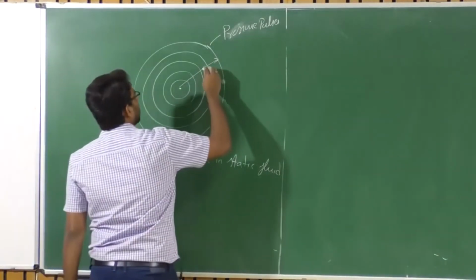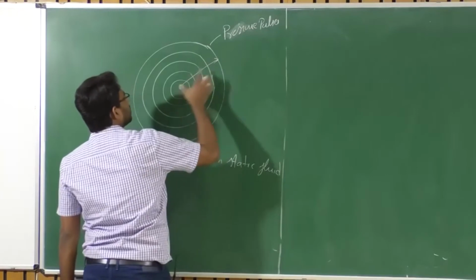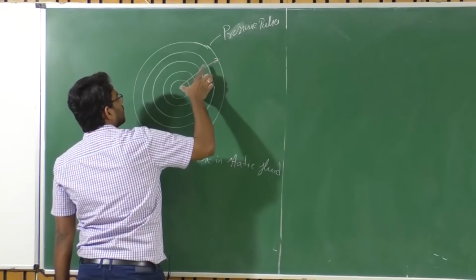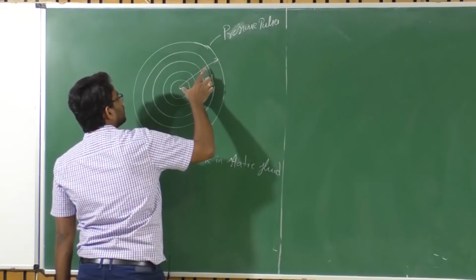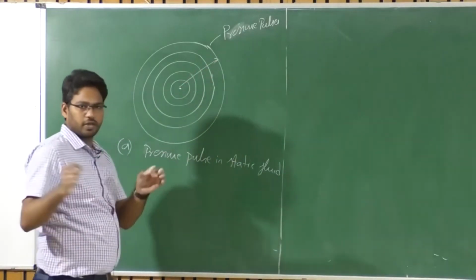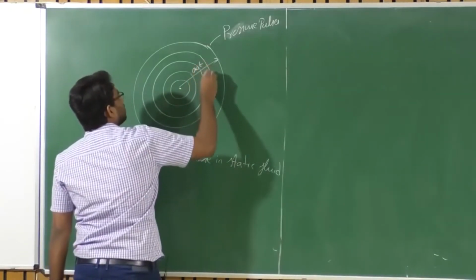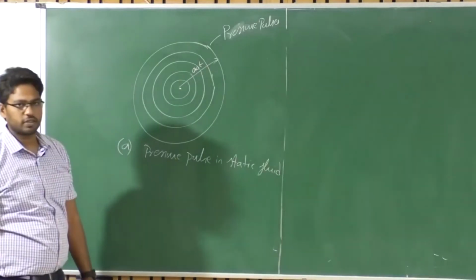Let us say you have disturbed at time t0 and it has lapsed over a time delta t, right? Now over this period, a delta t will be the corresponding diameter of this pulse, isn't it?